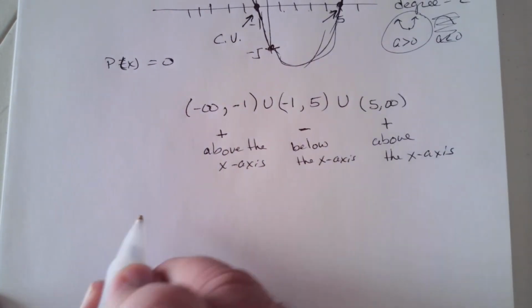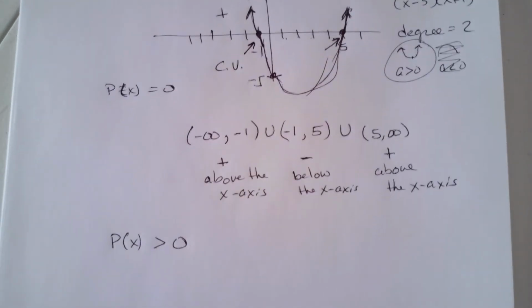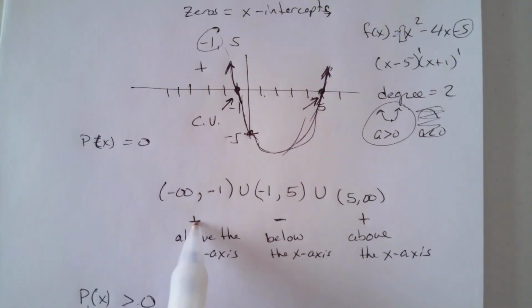So, in this example, let's say I wanted my polynomial above 0. The polynomial is greater than 0. What that means is I'm only looking for answers that are positive.